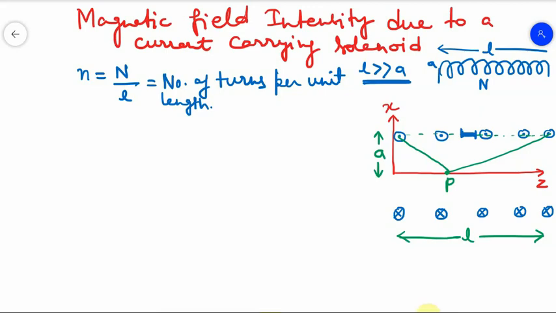Sorry, it is on the z axis, so this axis is along z, so we'll consider this dz. Okay, now let's join this. The angles made by the two extremes are theta 1 and theta 2. Okay, and if we join this, this will be your z.